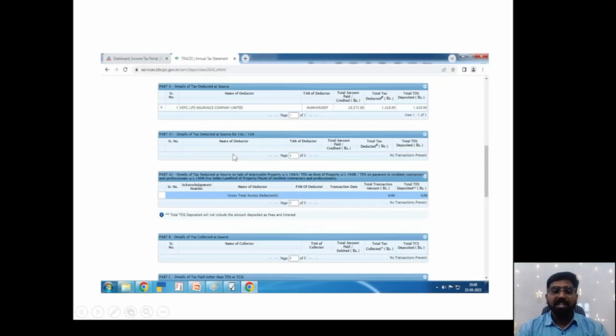Part F. Earlier we have seen Part A2, which has TDS on sale of immovable property. Part F is in relation to the same sale of immovable property but from the buyer's angle.